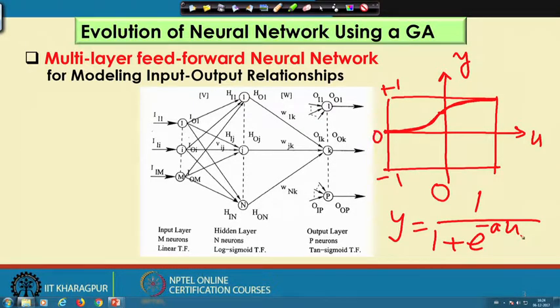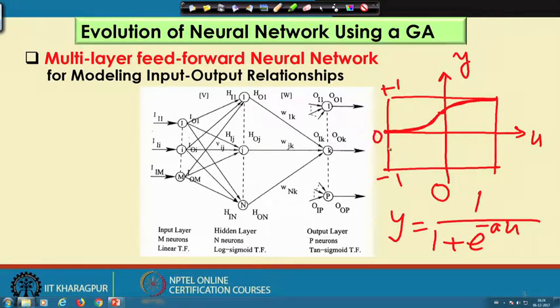This is the mathematical expression for the log sigmoid transfer function. Now, the output of this log sigmoid transfer function will be either 0 or 1 or in between. So, this will not go to the negative side, because this is the log sigmoid.